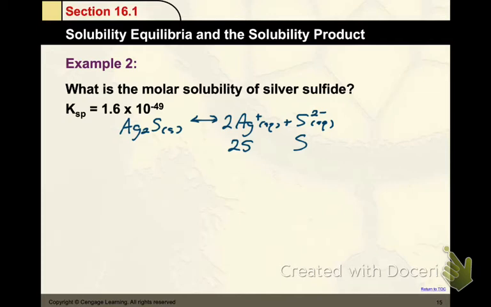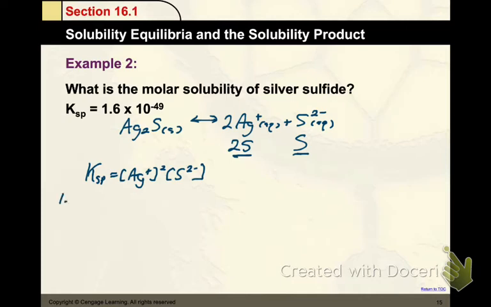Alright, so I've got our equation here, Ag2S breaks into 2Ag+ and S2-. So our Ksp will be equal to Ag+ squared times S2-. I've already put here that we could call this S and this twice that, 2S. So we can simply plug in our information here and solve.